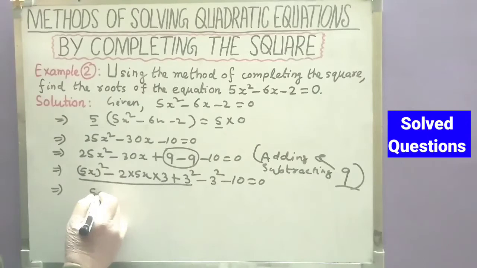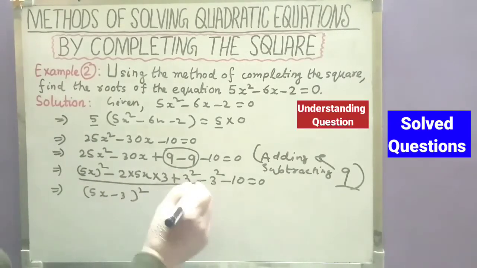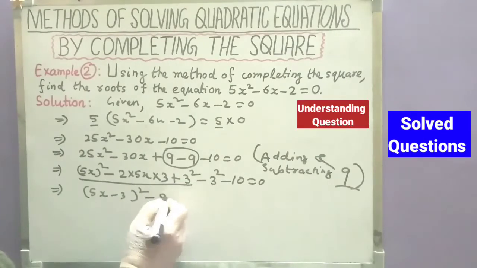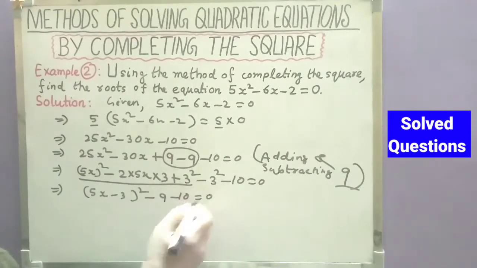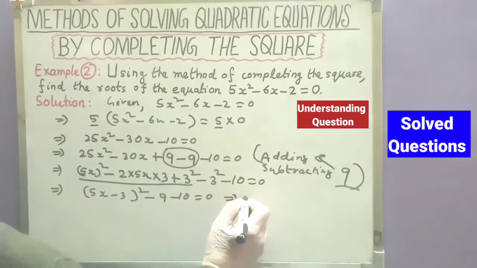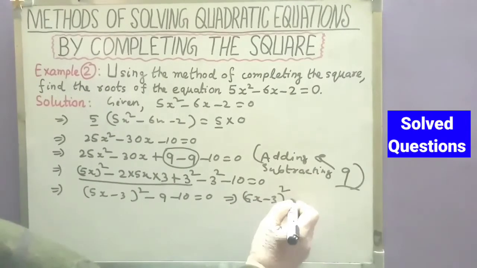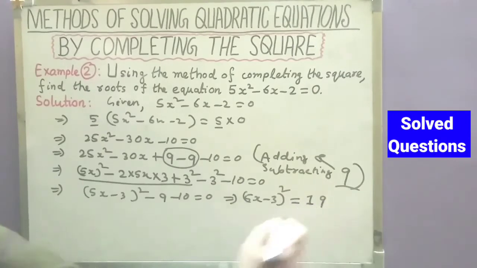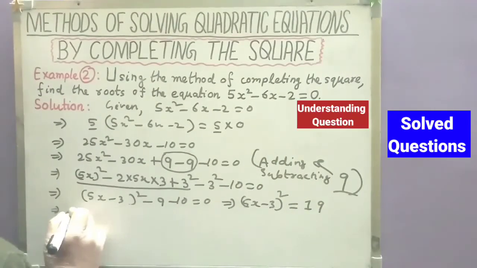Just look at this expression. This is equal to (5x minus 3) whole square minus 9 minus 10 equal to 0. That implies that (5x minus 3) whole square equal to 19.